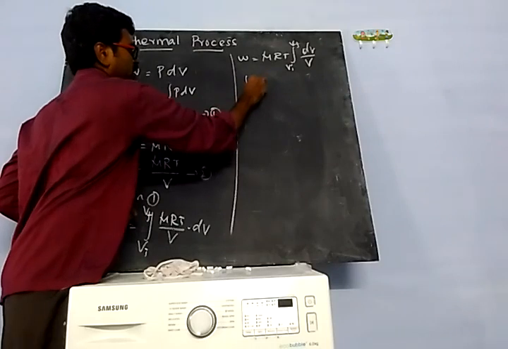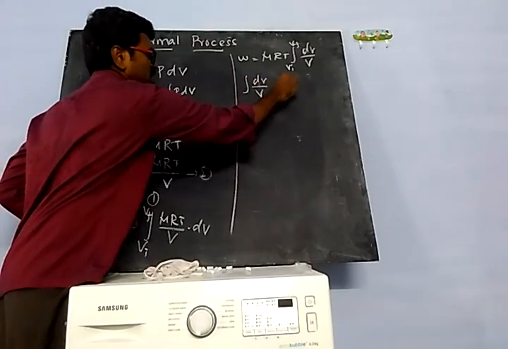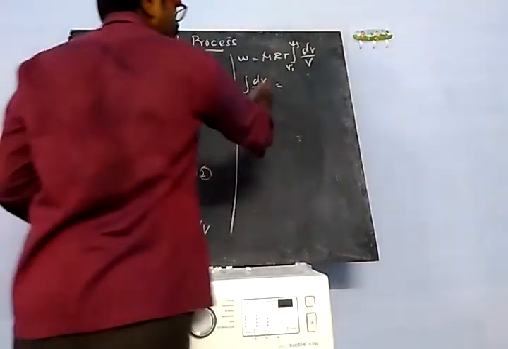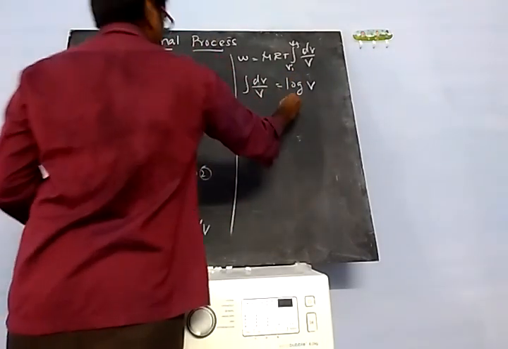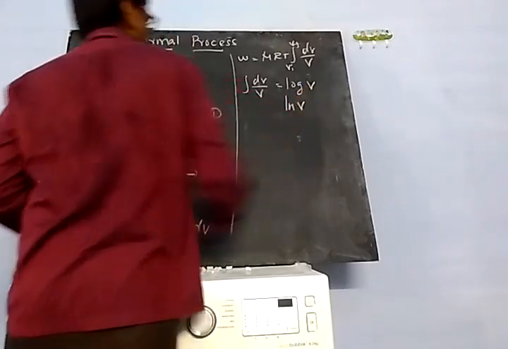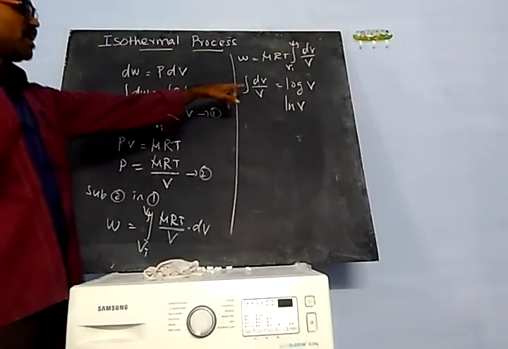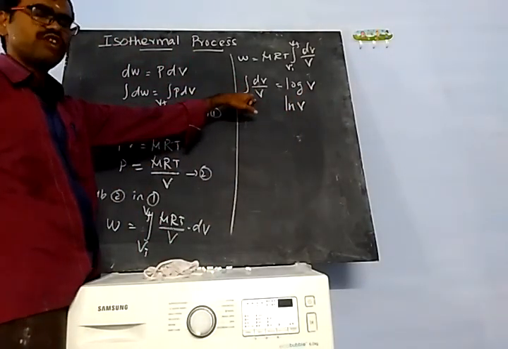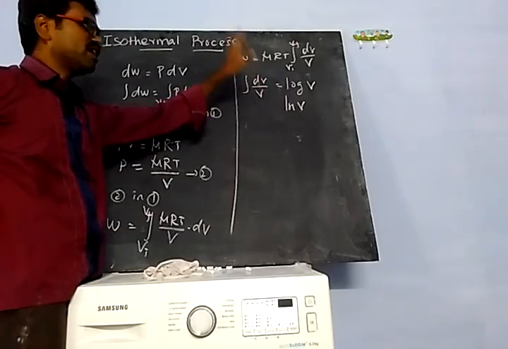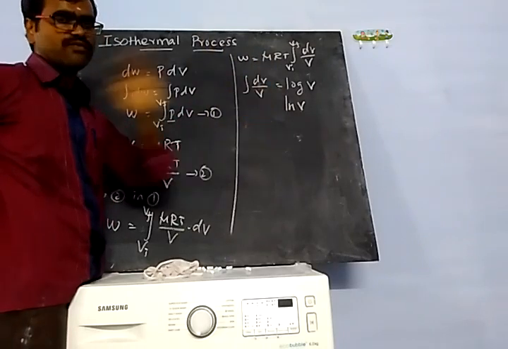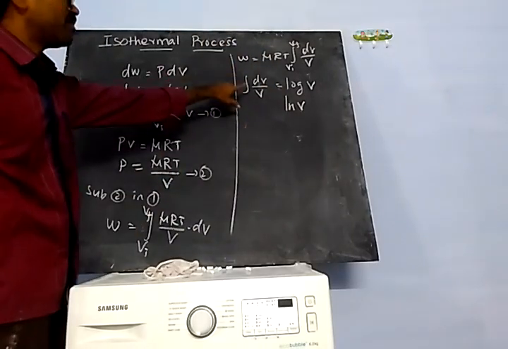Here the remaining term is dV by V. The integral of dV by V is the log of V, so here the natural log of V, ln V. When the denominator is differentiated you get the numerator, so you substitute the log of the denominator.